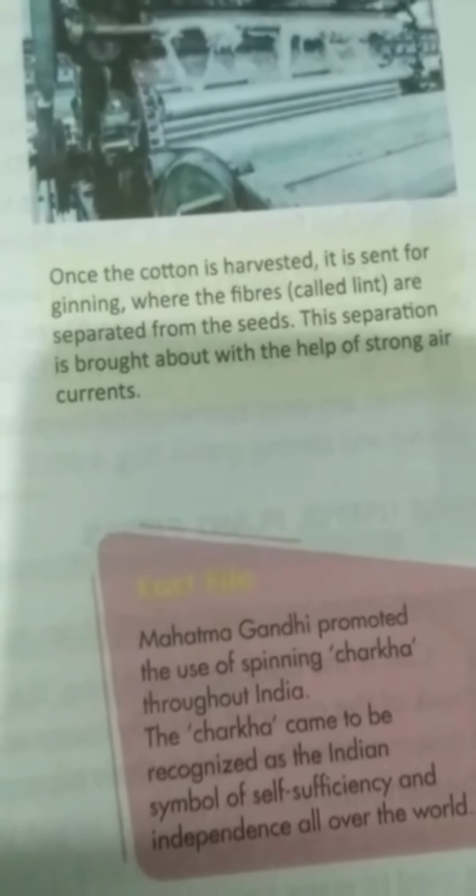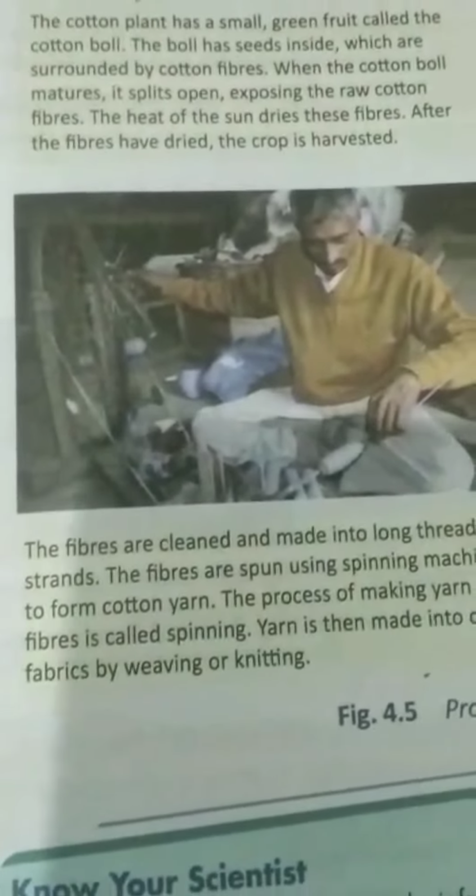After harvesting, these are sent to the factories, where they use a process called ginning to separate the cotton fiber from the seeds. This process is done by strong air currents.